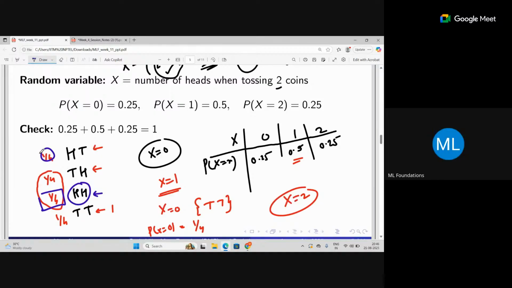If the coins are fair, the probability of getting a head on one coin is 1 by 2. We are not adding but multiplying, because there are two independent tosses, so we multiply the probabilities here.